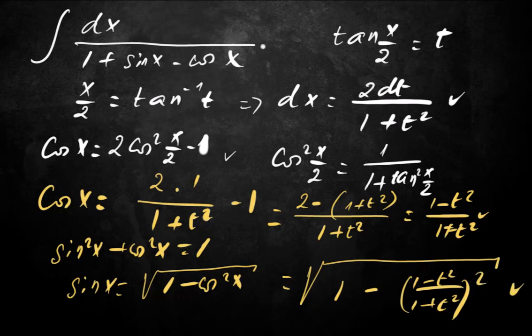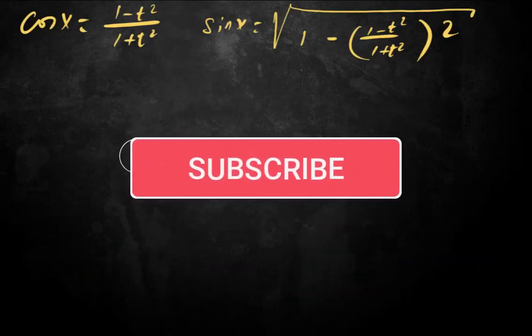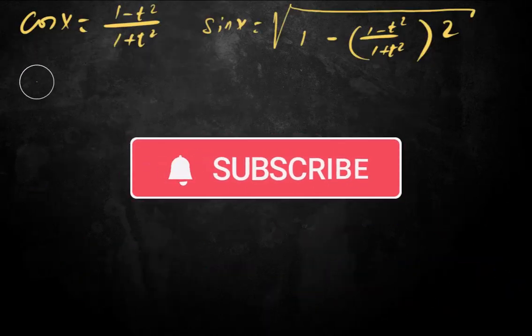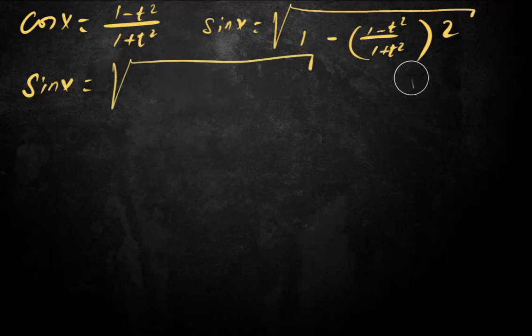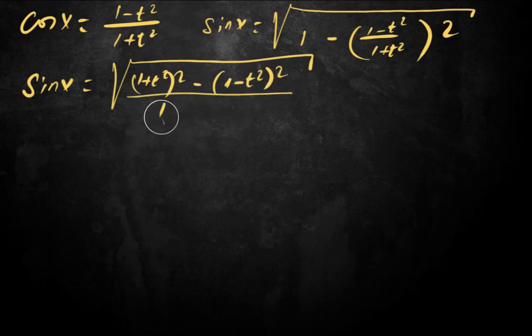We are going to calculate this. We go ahead and say that sine x is equal to the square root of, you can say, 1 plus t squared minus 1 minus t squared all over 1 plus t squared. There you go.